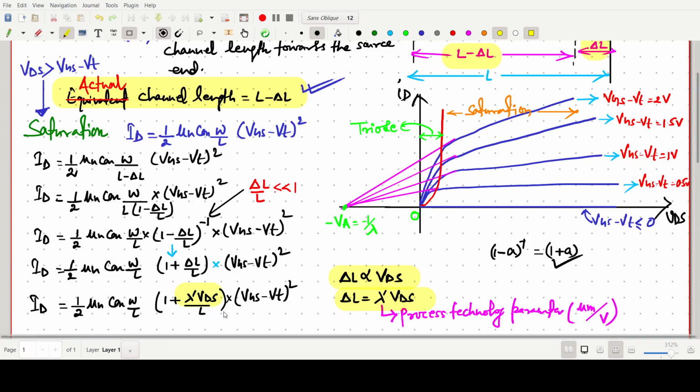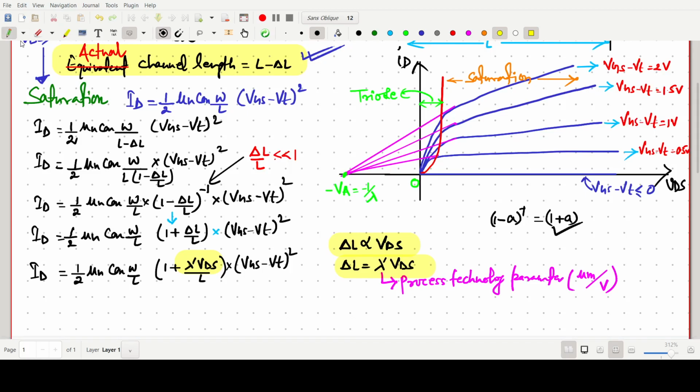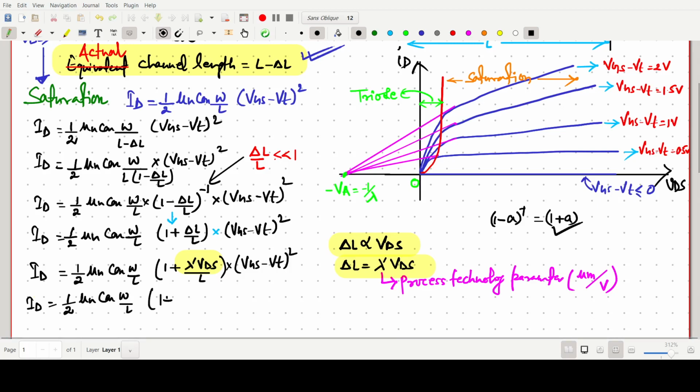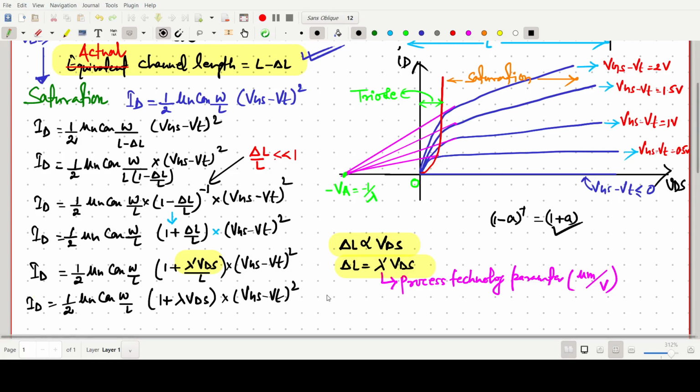Okay, so once again we can write this expression. ID equals 1 by 2 mu n Cox W by L, 1 plus. Now I am just going to write this term lambda dash by L as a lambda, one more constant. What I am writing means lambda dash by L is some constant, say lambda.